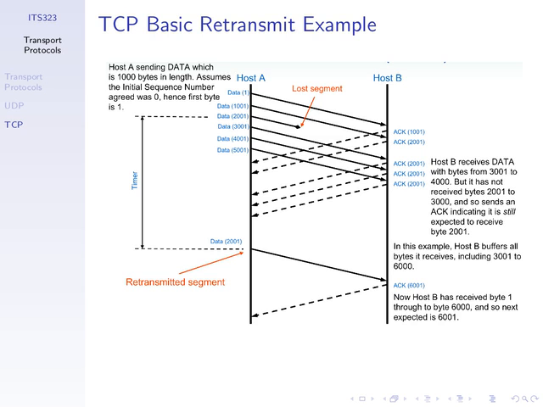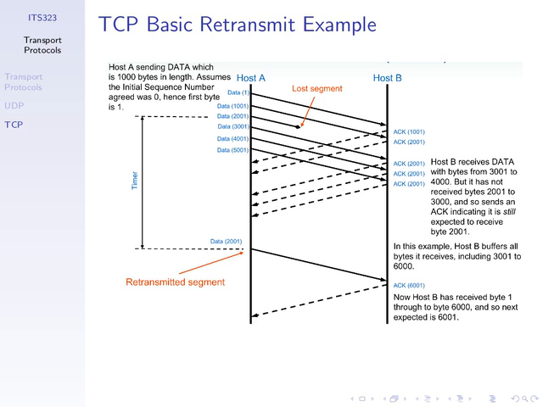So what B does in this case, it sends an ACK, but when we send an ACK, we always acknowledge the sequence numbers in order. We've received 1 up to 2000. We buffer this data.